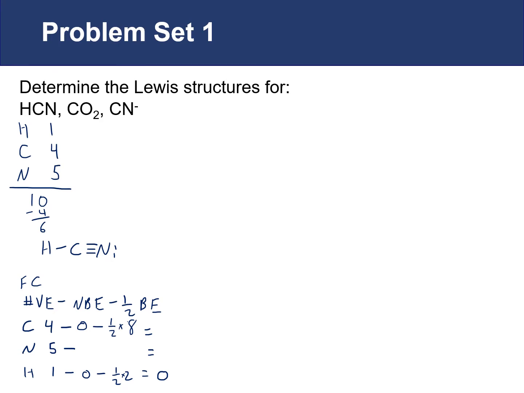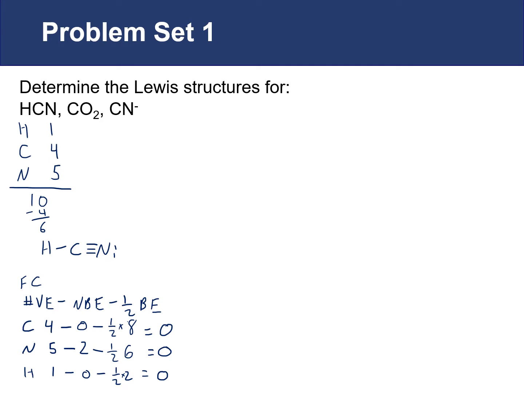So 4 minus 0 minus 1/2 of 8, which is 4, gives us a 0 formal charge. For our nitrogen, we have 5 minus, nitrogen now only has 2 non-bonding electrons, minus 1/2, it has a triple bond, which is 6 electrons. So 5 minus 2 minus 1/2 of 6 is a 0.